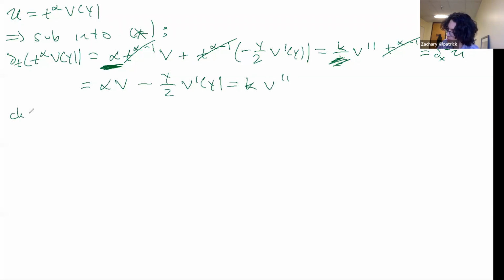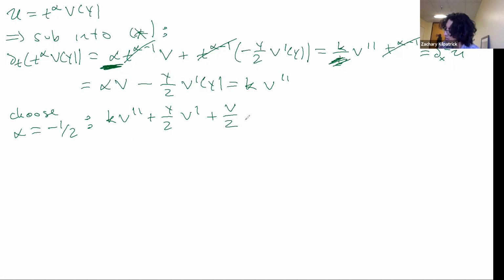And if we choose alpha to be minus 1/2, then we can rewrite this as k v prime prime plus y over 2 v prime plus v over 2.